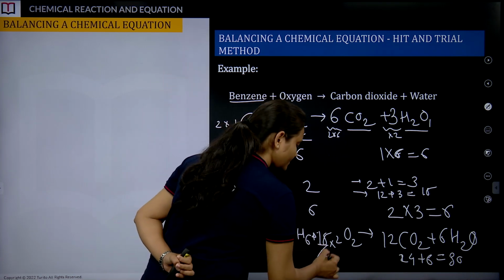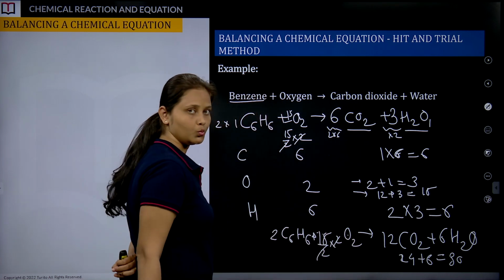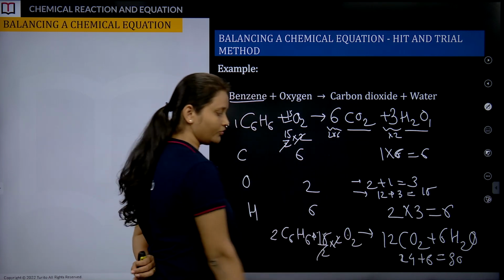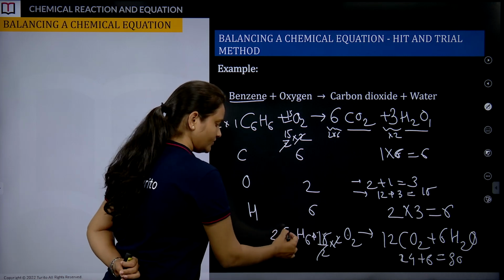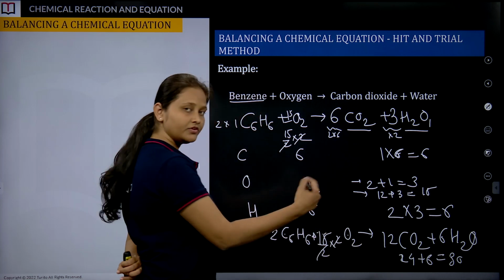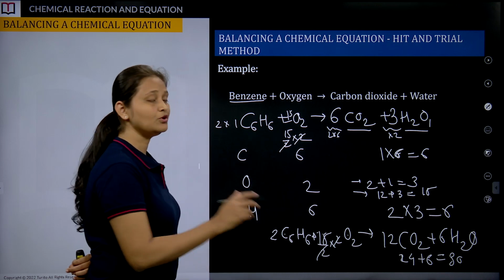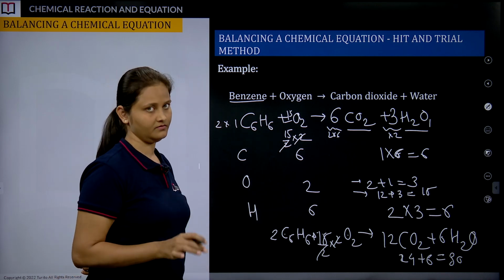So, let us cut this, that is going to give you 15 O2, that means 30 oxygen. So, 2 C6H6 plus 15 O2 is giving you 12 CO2 plus 6 H2O. That becomes your final balanced chemical equation.